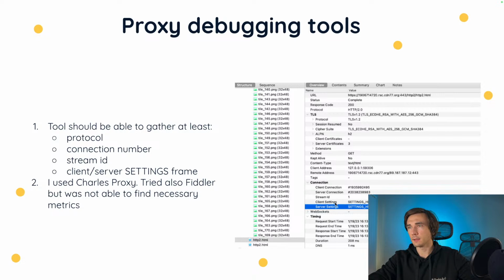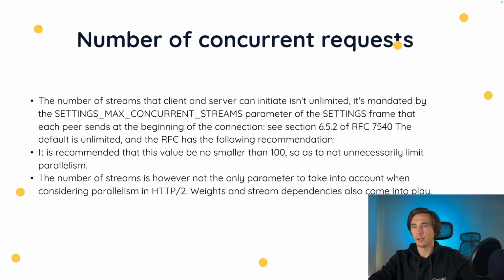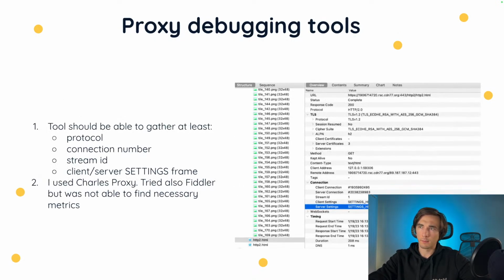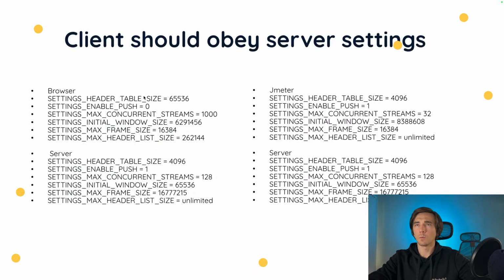The client and server settings frame contains extra information regarding how the client and server can interact with each other. One of the interesting parameters here is max concurrent streams. Probably it is not visible on the screenshot itself, but that's what you see in the settings frame.